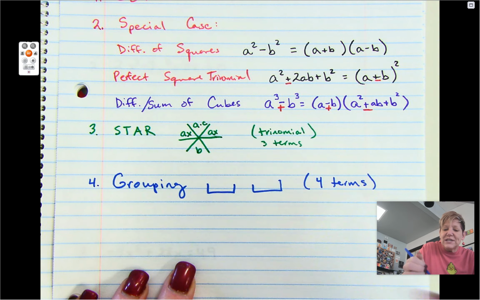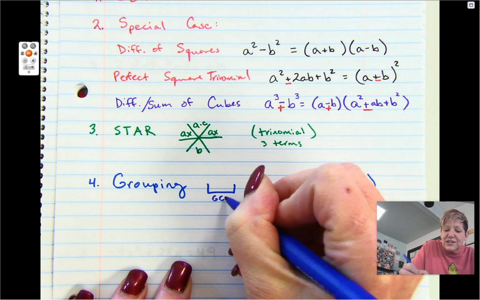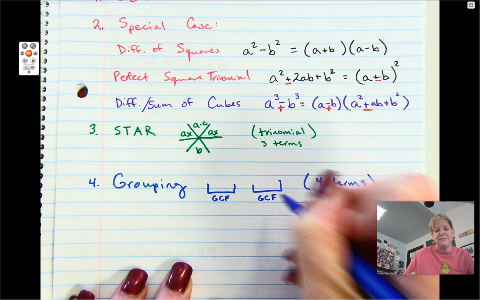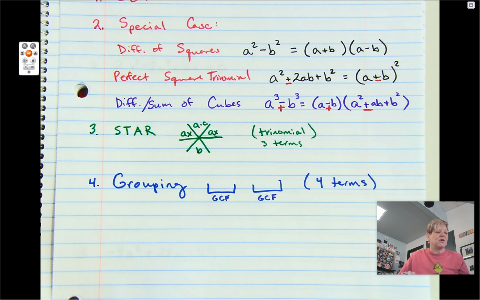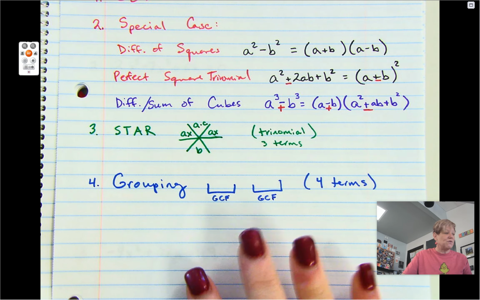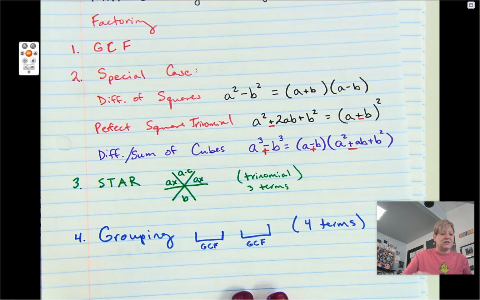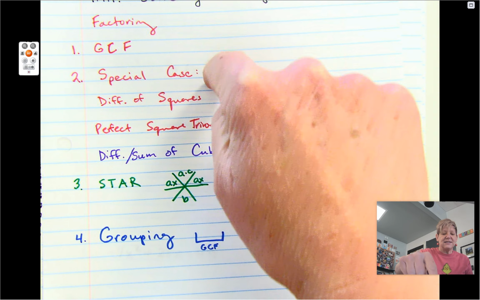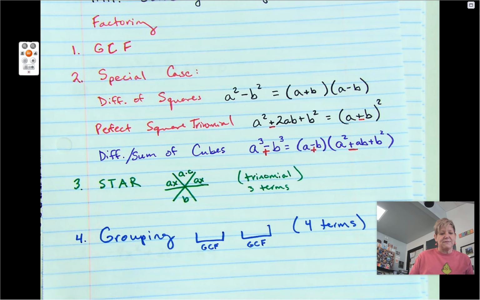And we essentially find the GCF in these two and the GCF in those two. So we'll go over a couple of those today as well. So those are our methods for factoring. So GCF, special cases, star, and grouping.